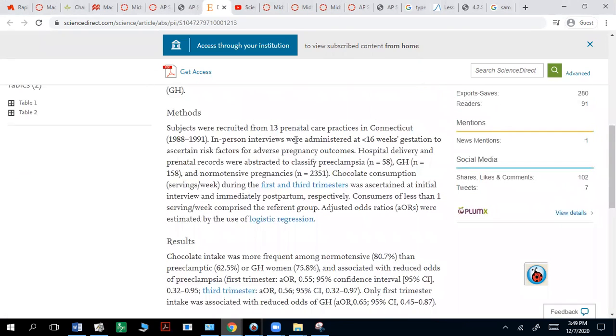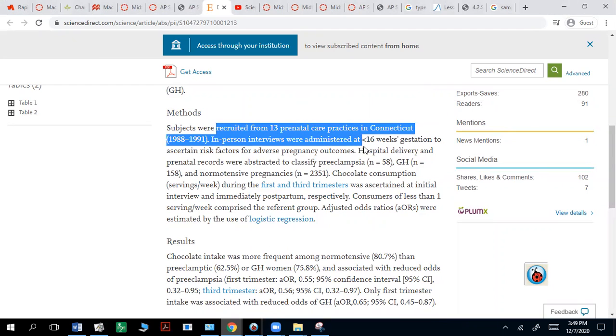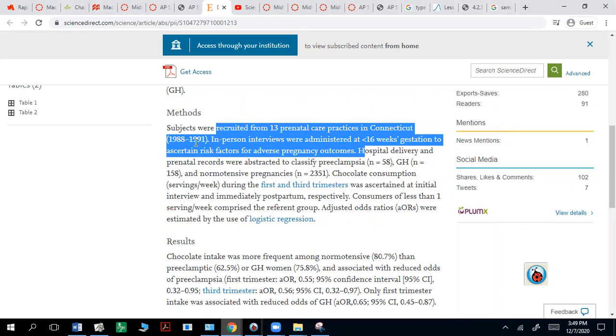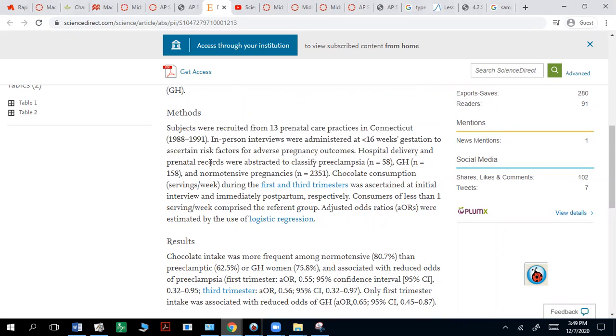Here are the methods. Subjects were recruited from 13 prenatal care practices in Connecticut. Between these dates, in-person interviews were administered at less than 16 weeks gestation to ascertain risk factors for adverse pregnancy outcomes. Hospital delivery and prenatal records were abstracted to classify preeclampsia.